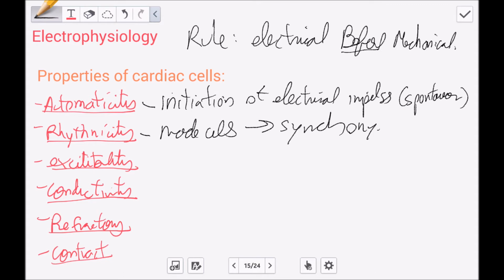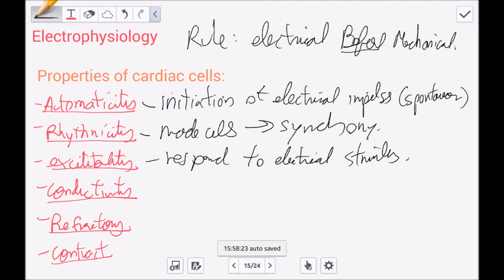There it goes. Excitability is just the ability of the heart cells to respond to an electrical stimulus. Sorry, my writing is not the greatest, but I'm trying to talk you through it so that things are a little clearer.